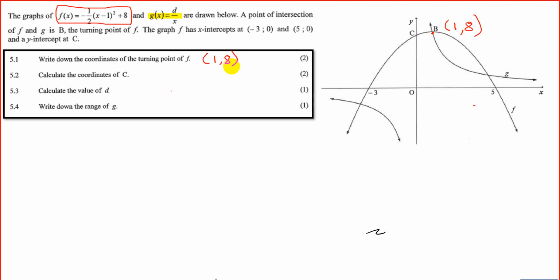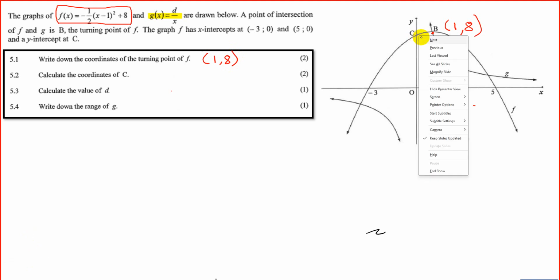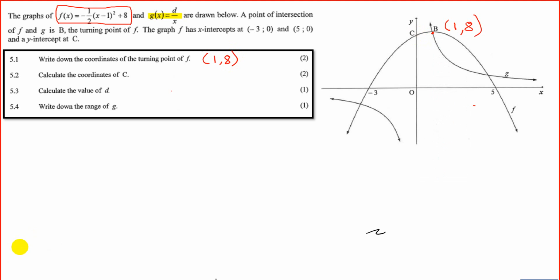The next question is to calculate the coordinates of C. Now we have mentioned earlier that C is actually your y-intercept, and to find a y-intercept, we let x be 0. So we have our equation, f of x, and all we're going to do is let x be 0.